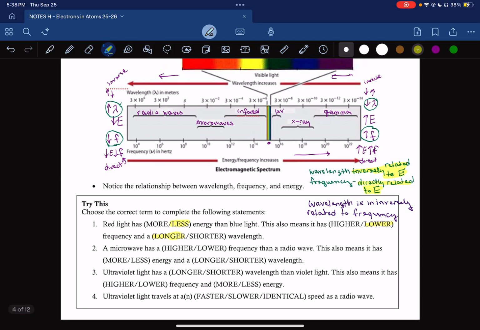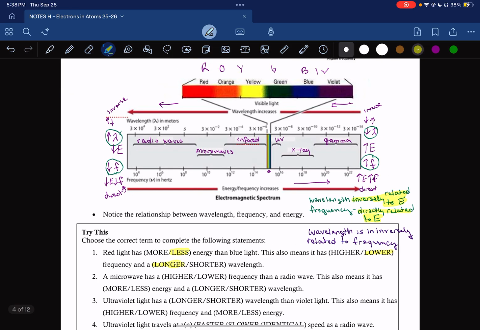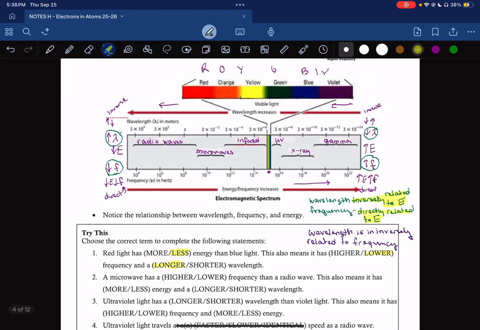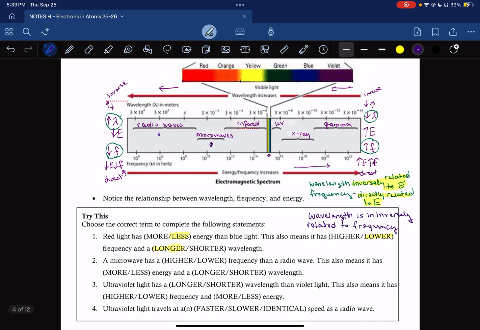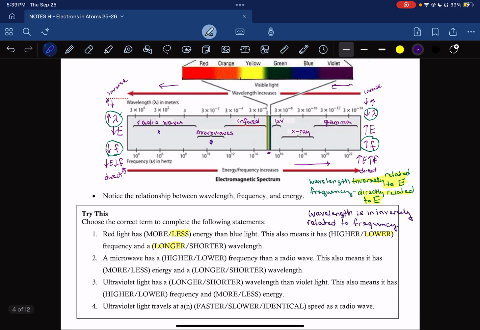Number two, a microwave. It's asking, does a microwave have a higher or lower frequency than a radio wave? So I'm looking on here. Here is my radio wave right here, and here is my microwave. A microwave is going to have higher frequency because it is to the right of the radio waves on our electromagnetic spectrum.